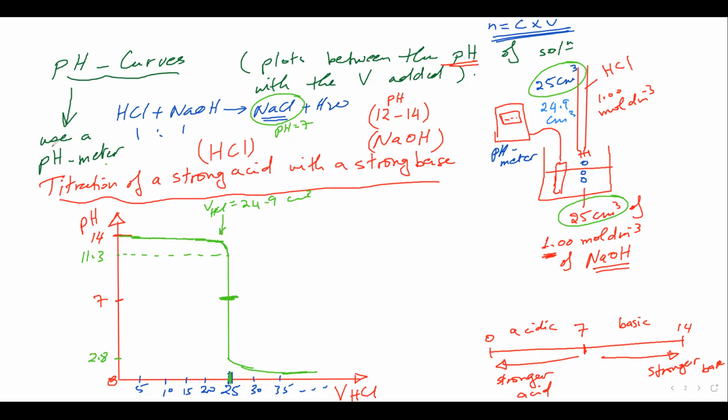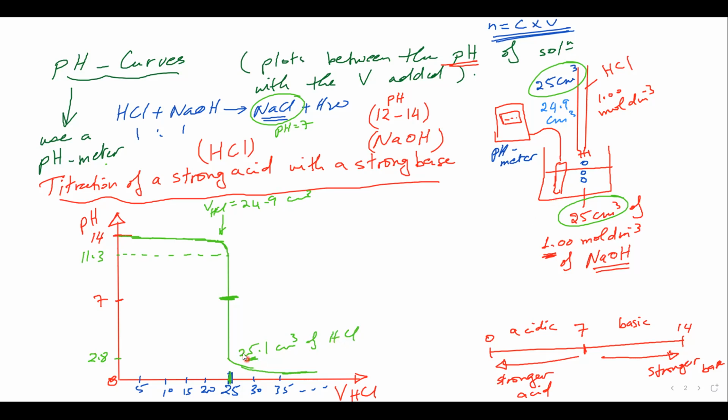But also, after neutralization, after the 25, if you add even 25.1 centimeter cube of HCl, it means that the 25 of HCl reacted with the 25 of the sodium hydroxide. But there will be 0.1 centimeter cube of HCl now present in excess.